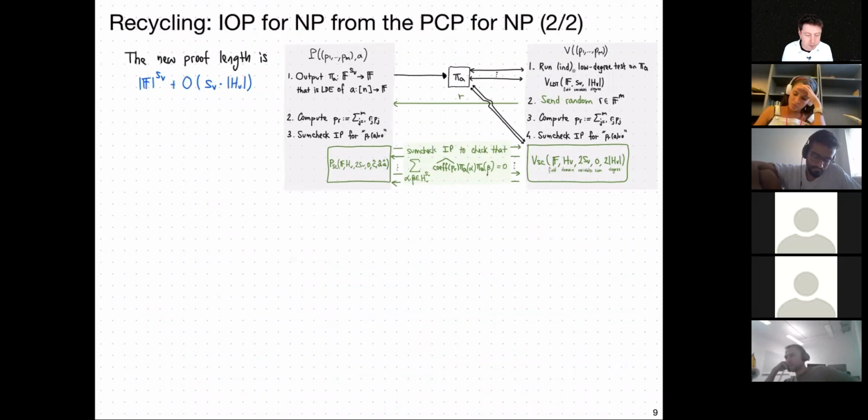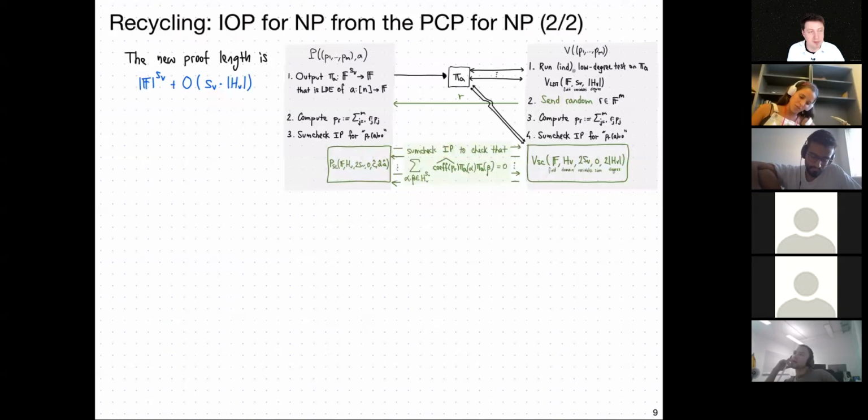So the total proof length is the size of the low-degree extension, which is this term over here, F to the s_v, plus the size of the communication transcript of the sum-check. And if you remember, the communication transcript of sum-check is number of variables times degree. Number of variables is 2s_v, and the individual degree is 2h_v.